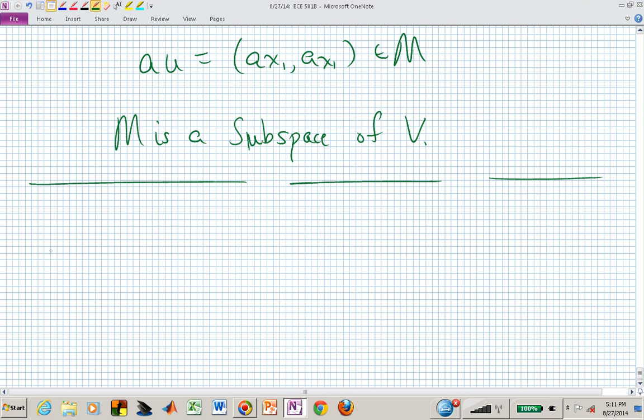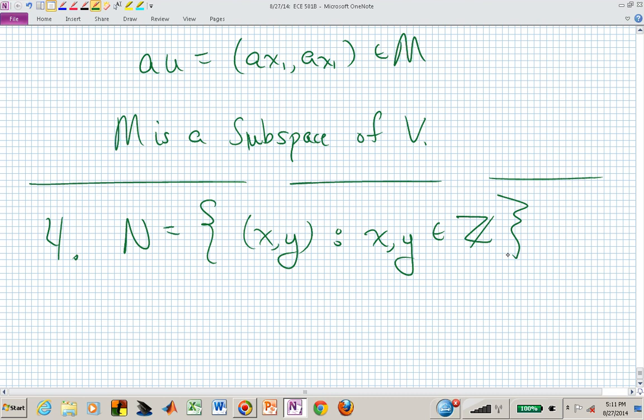Let's look at some other set. Suppose we have N, which is x comma y, such that x and y are integers. So x is an integer, y is an integer. That's a subset of V. Is it a subspace?